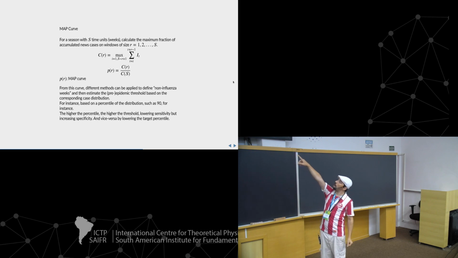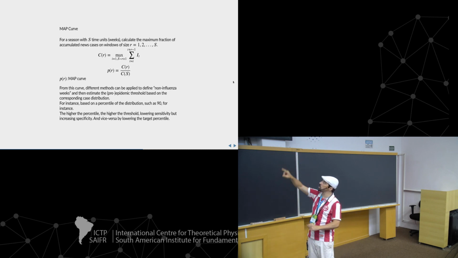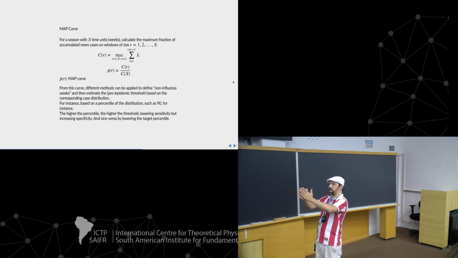So what I do is, for each window of size R, I calculate the accumulated number of cases with that many consecutive time steps, okay?